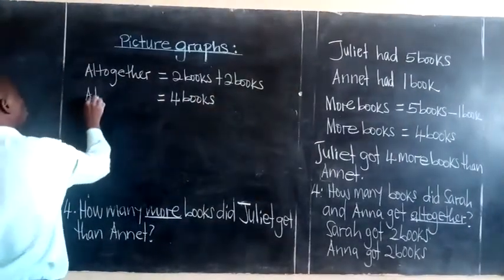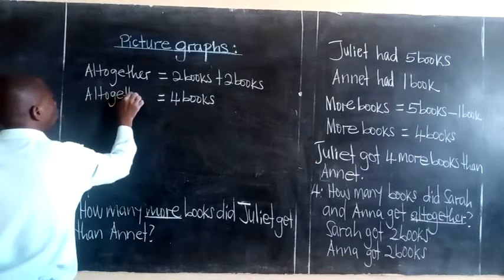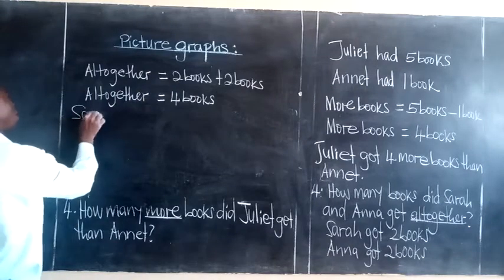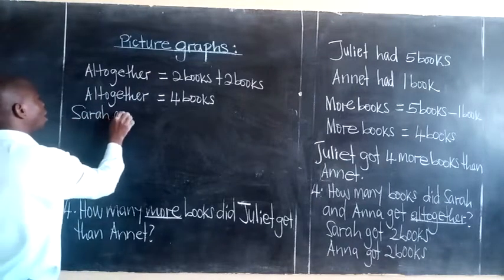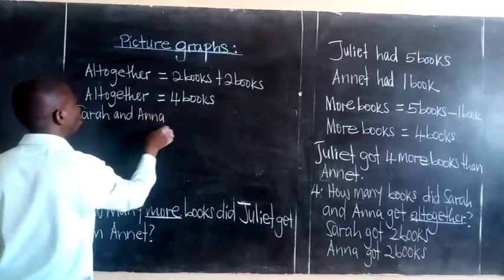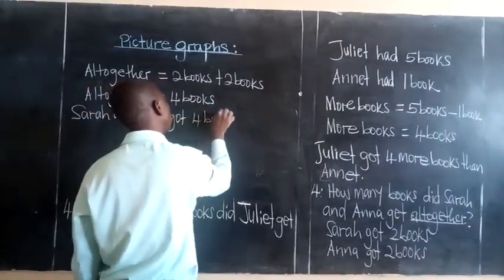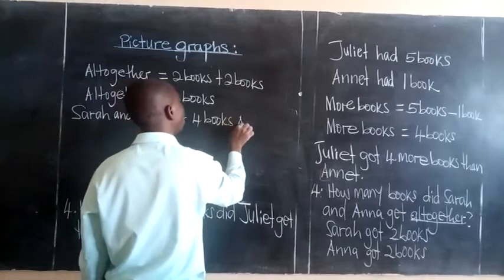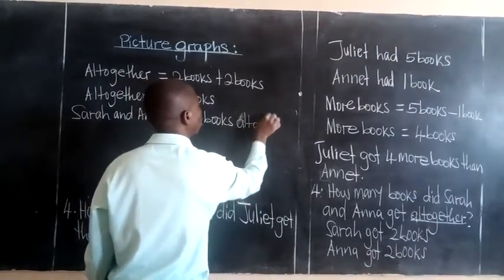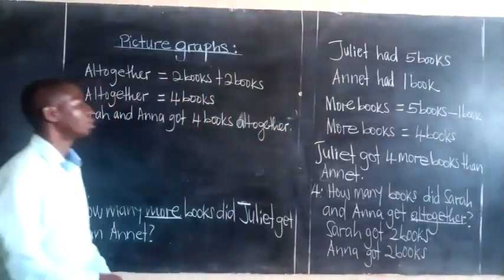You can conclude that Sarah and Anna got 4 books all together.